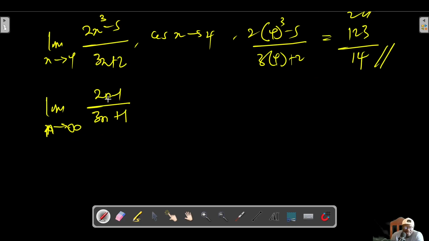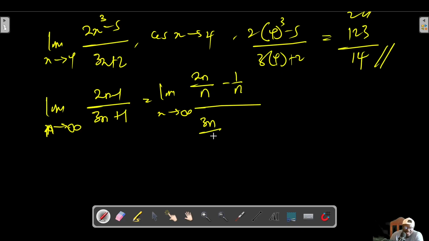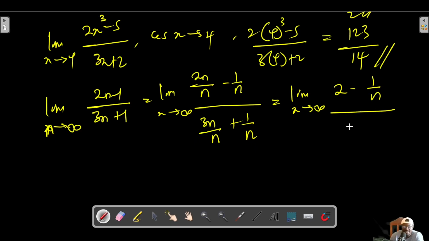The highest power of the independent variable here is 1. So you divide through by n. That is 2n divided by n minus 1 over n, divided by 3n divided by n plus 1 over n. What do we get? We end up with the limit as x approaches infinity of (2 - 1/n) divided by (3 + 1/n).